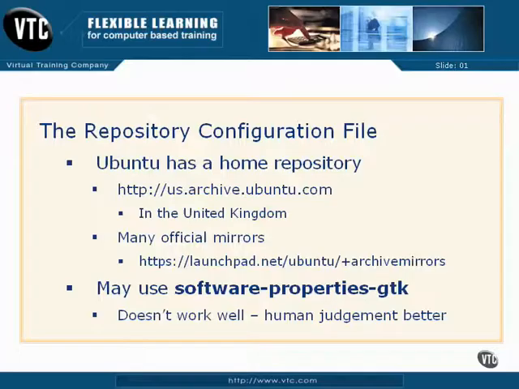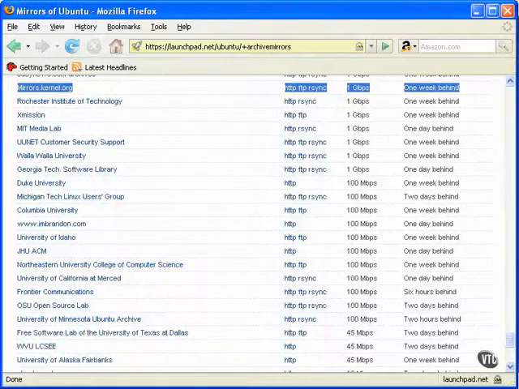It's more efficient if I have a repository physically closer to me, and ideally with the connection to the internet as high speed as possible. Of course, it helps if not a lot of people are using that particular repository. A current list of official Ubuntu mirrors is available from the URL shown here.